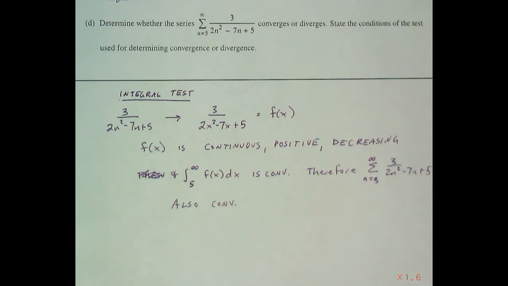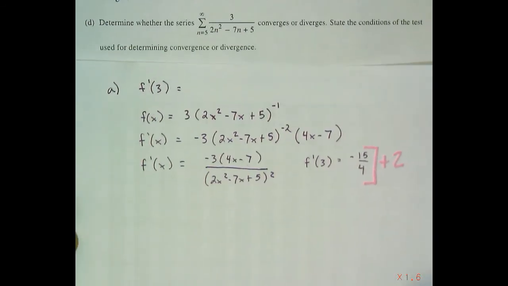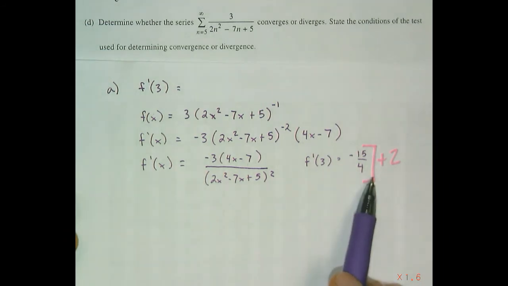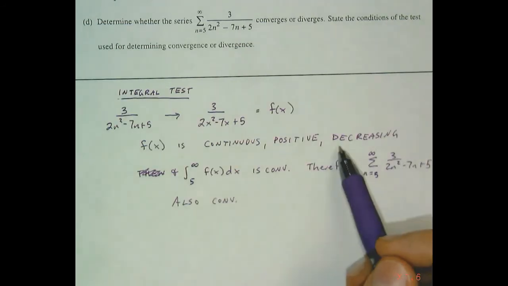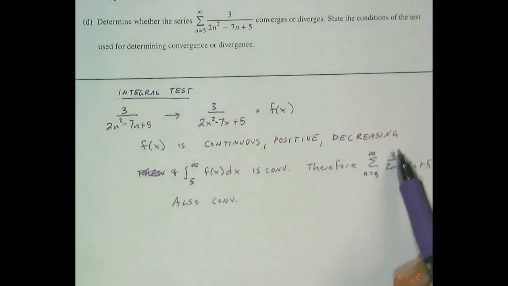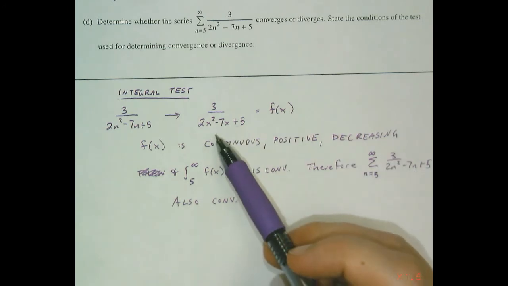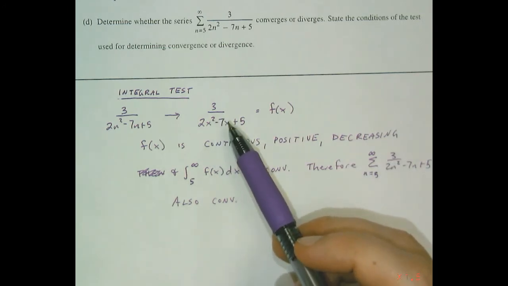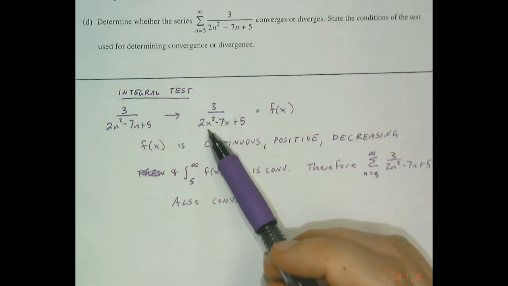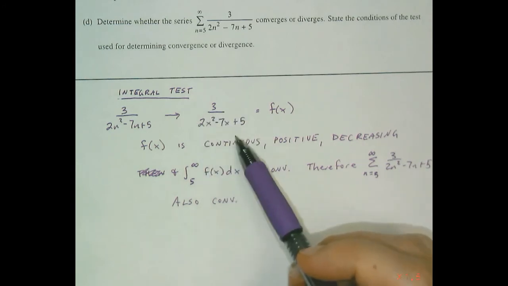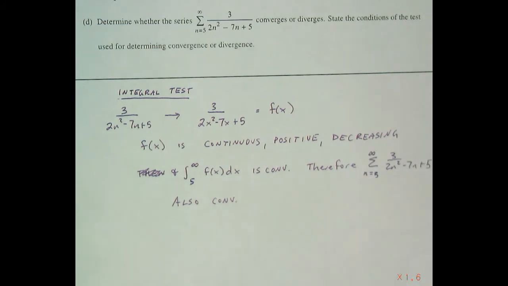Furthermore, if we look at the values after 2.5, we saw that the derivative was negative, and so that's our support for why we know that the function is decreasing. Finally, we just need to determine that the function is positive, and if we do some sign analysis, we see that the top is positive, and if our input is any number greater than 5, the denominator is also positive.